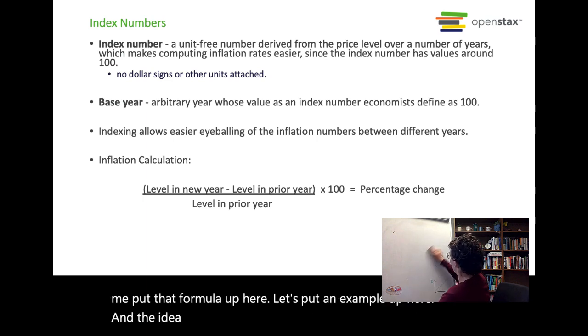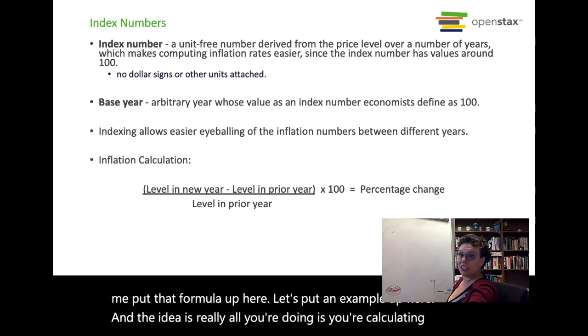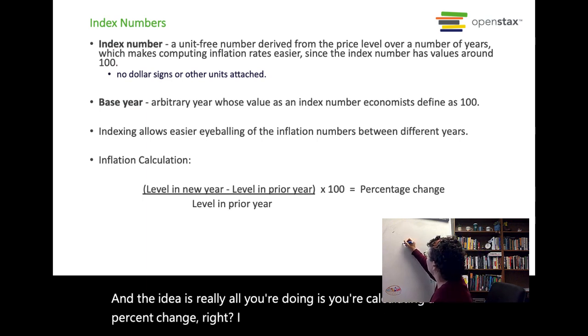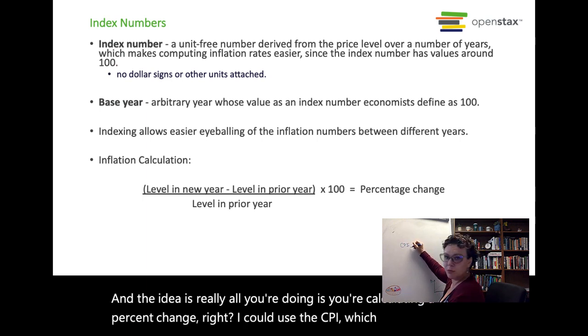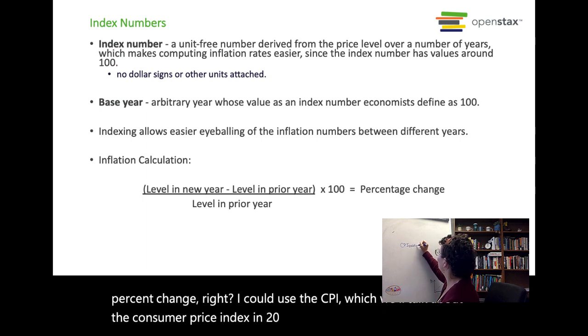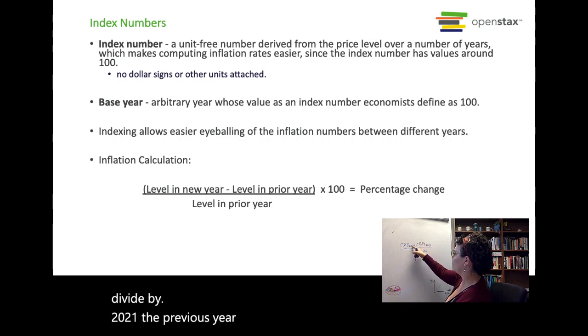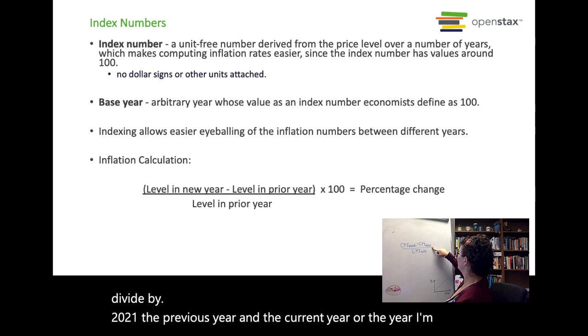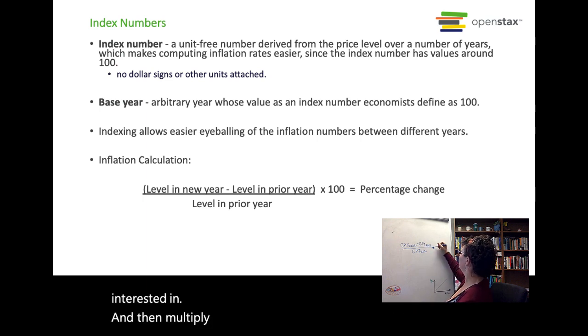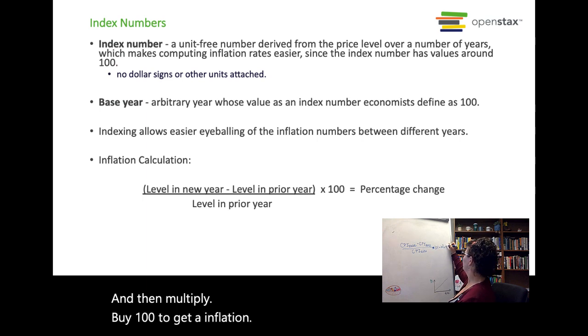And the idea is really all you're doing is calculating a percent change, right? I could use the CPI, which we'll talk about, the Consumer Price Index in 2022, subtract the value in 2021, divide by 2021, the previous year, and the current year is the year I'm interested in, and then multiply by 100 to get an inflation rate between 2021 and 2022.